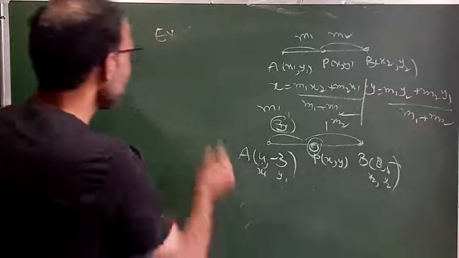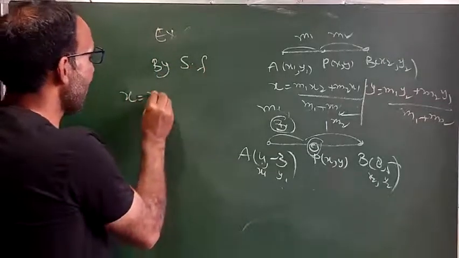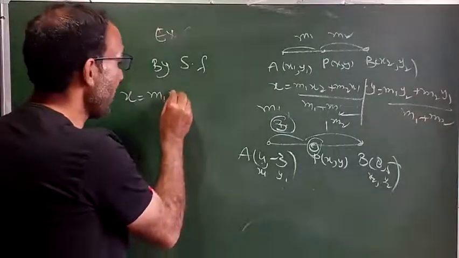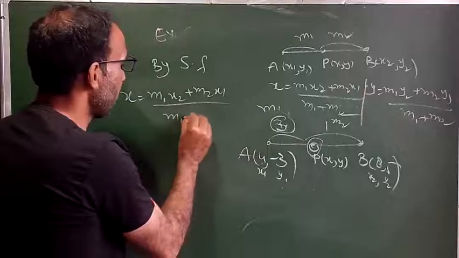We just studied the section formula: x is equal to m1 x2 plus m2 x1 divided by m1 plus m2.